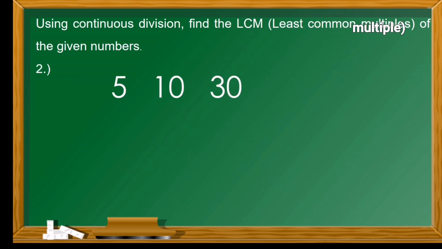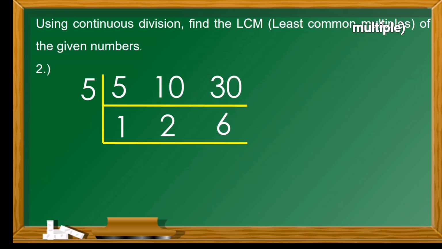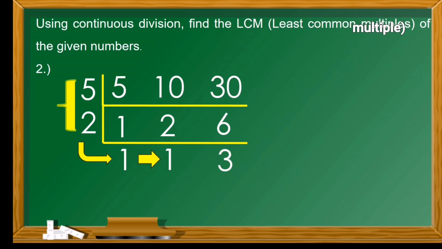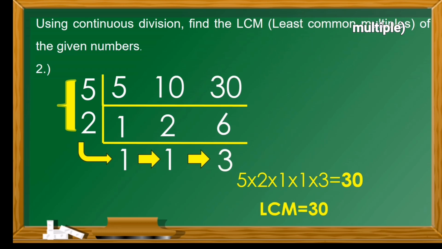Number 2, 5, 10, and 30. Go! Let us check your answer. So, the LCM of 5, 10, and 30 is 30.